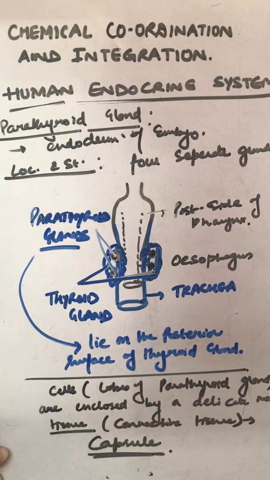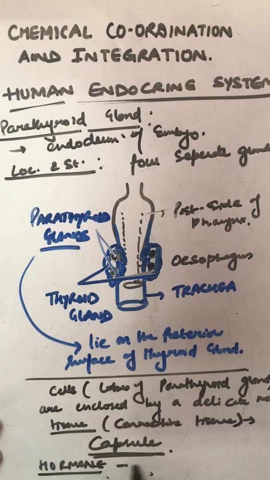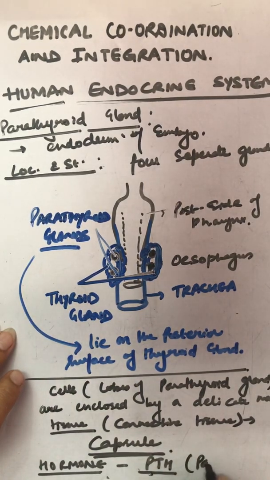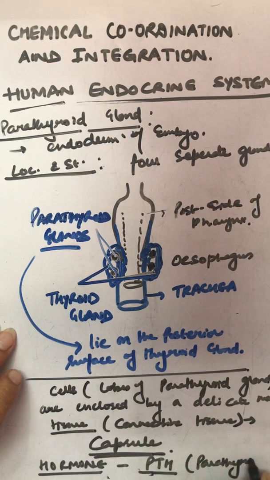Now, chief cells of the parathyroid secrete a hormone called parathyroid hormone. So the hormone secreted here is PTH, which stands for parathyroid hormone, secreted by chief cells.